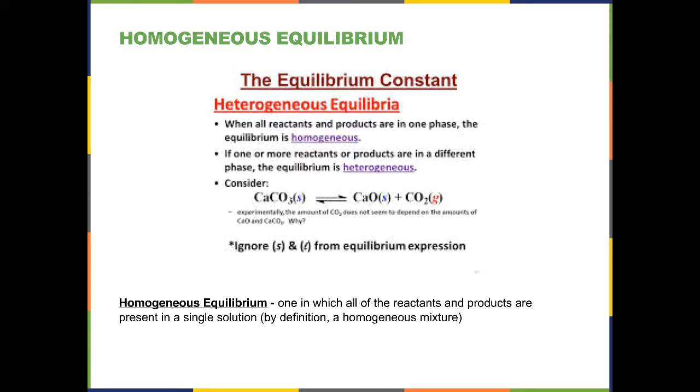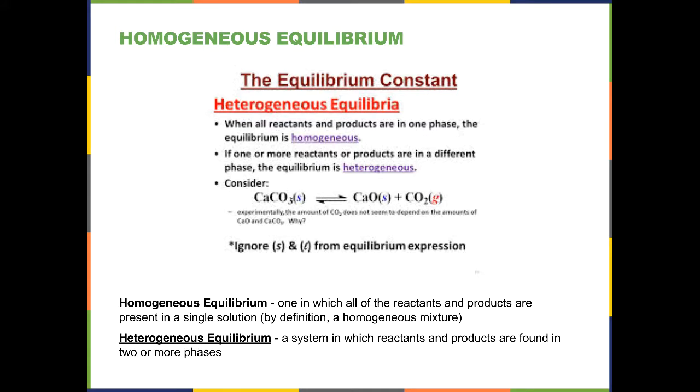That is to say, they're all in solution, they're all a gas, etc. On the other hand, if a system is set up where the reactants and products could be in more than one phase, for example here with calcium carbonate and calcium oxide being solids and carbon dioxide being a gas, then you have more than one phase, and that's called a heterogeneous equilibrium. And in a few slides, we'll show the effect of that.